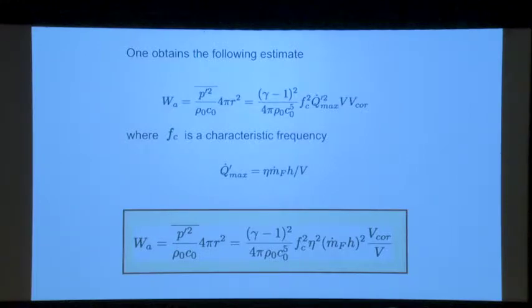This is due to Tim Lieuwen and one of his students, Rajaram. They arrive at an expression which contains the main frequency, we will see what it is, of this radiation, some sort of efficiency function. It scales with the mass flow rate to the power of 2.